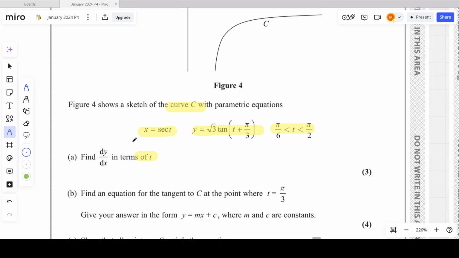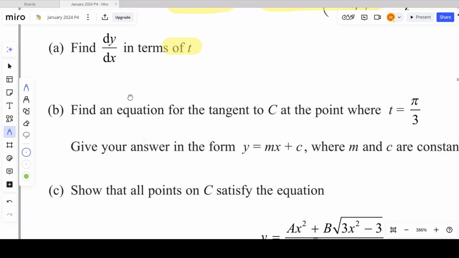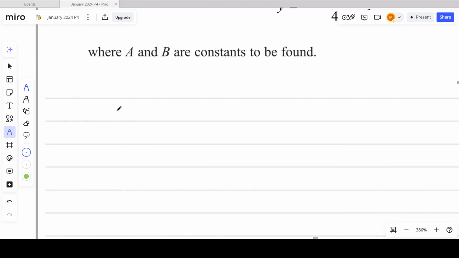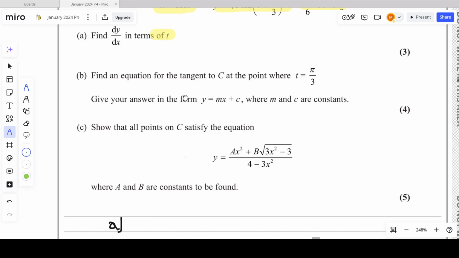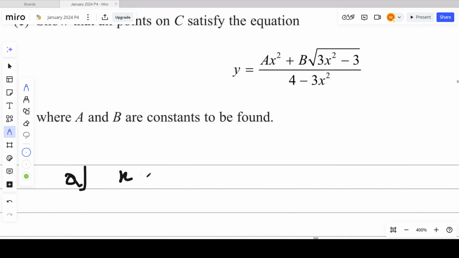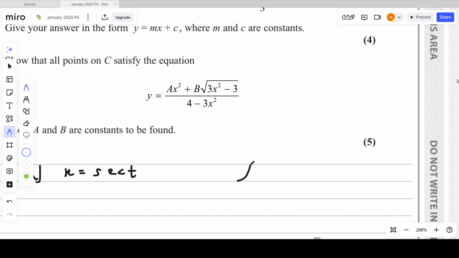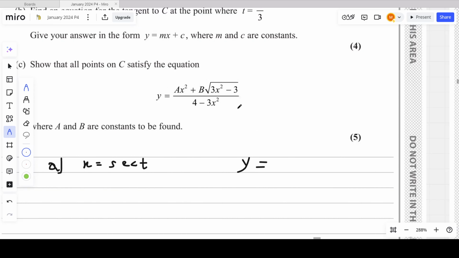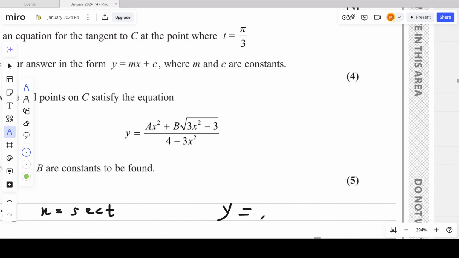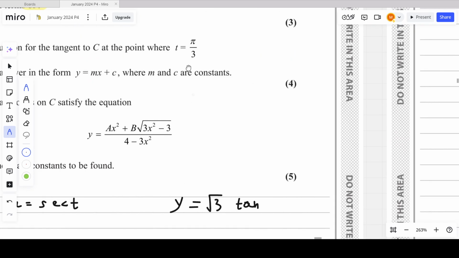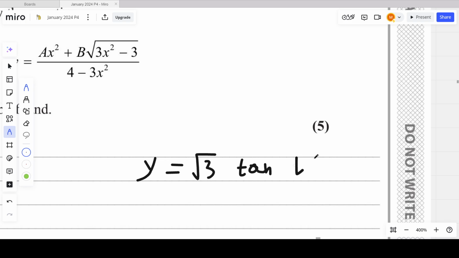So the concept of parametric differentiation. Let's see how we can differentiate using parametric differentiation. At first write x equals sec t, and then the y parameter: y equals square root of 3 tan (t plus pi over 3).